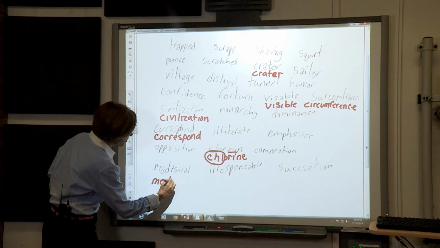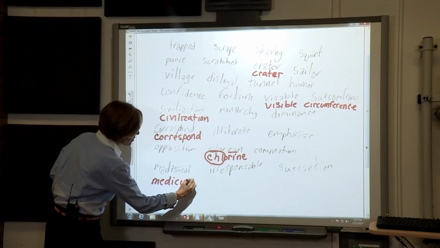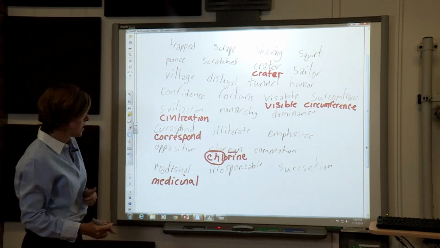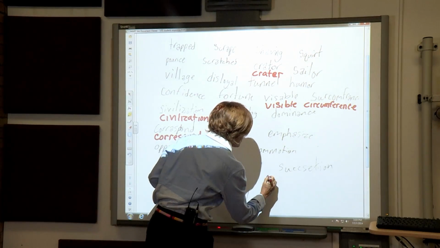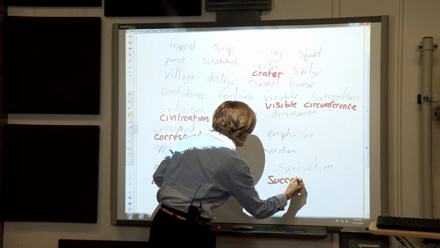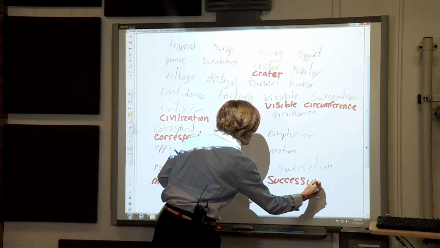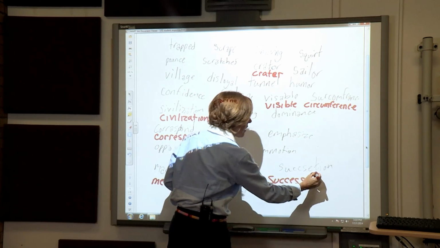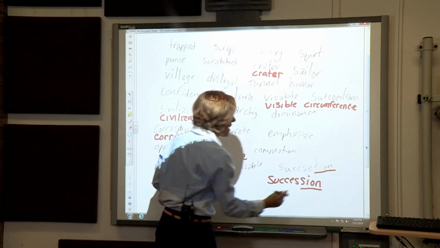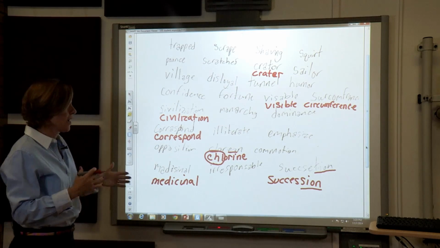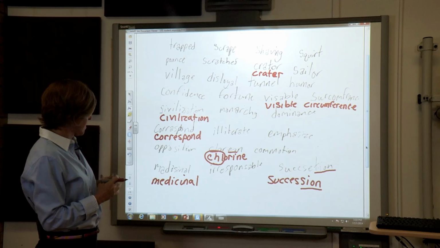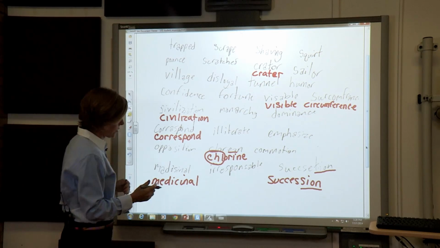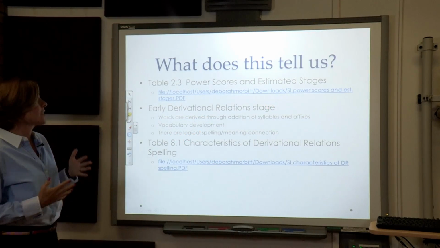We have medicinal, irresponsible, and succession. Oftentimes at this level, we have issues with these S-I-O-N, T-I-O-N types of endings with affixes when you're working with those. All right, so what does this tell us?